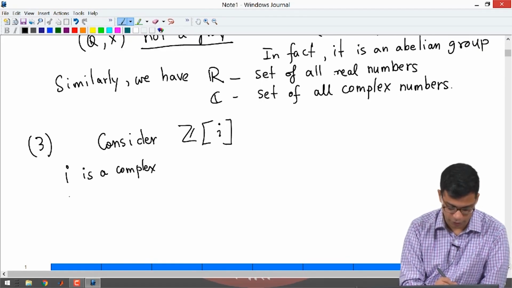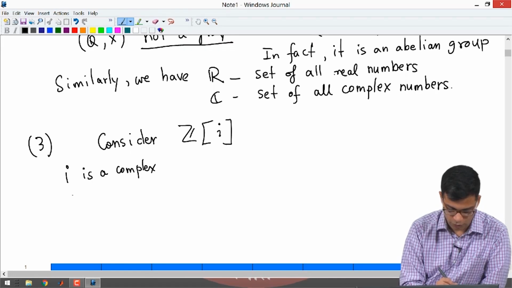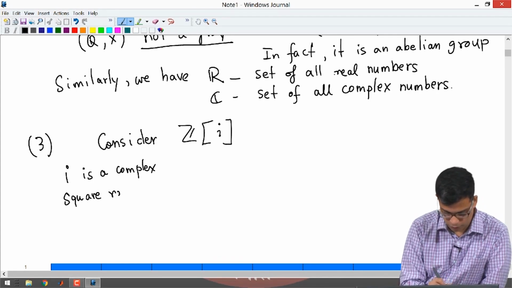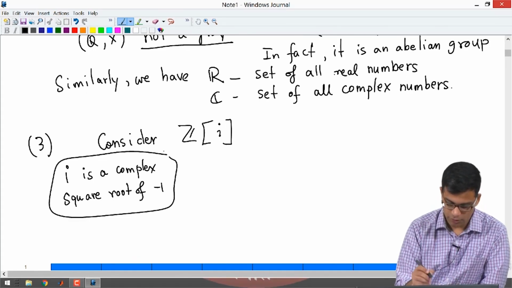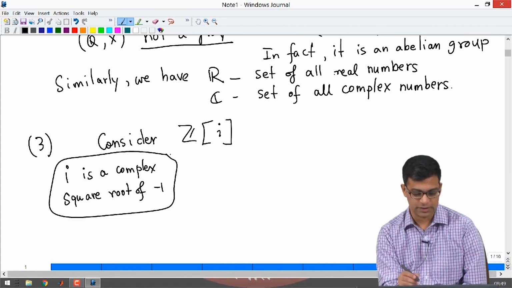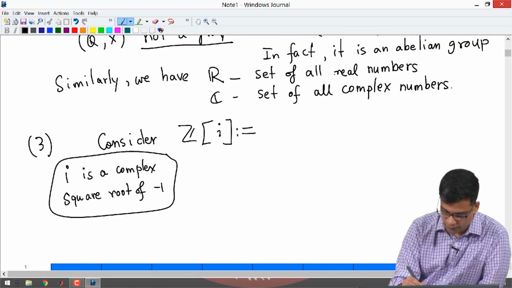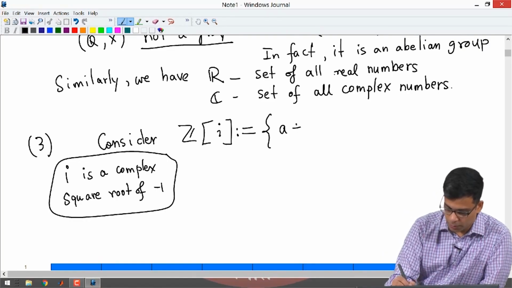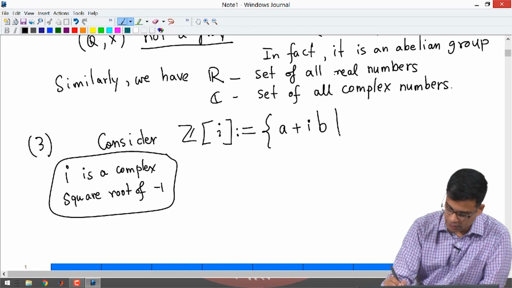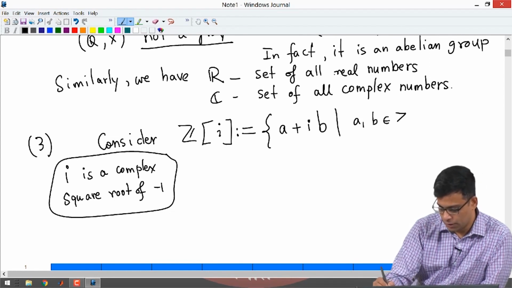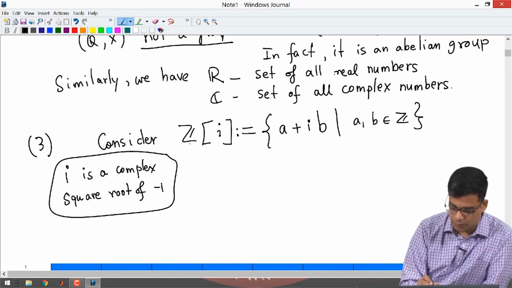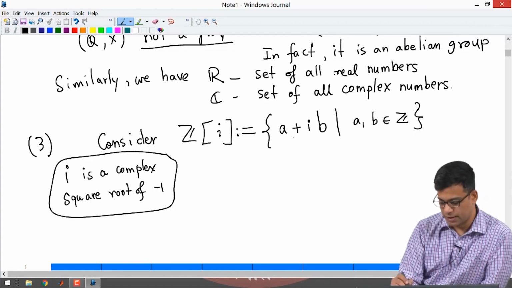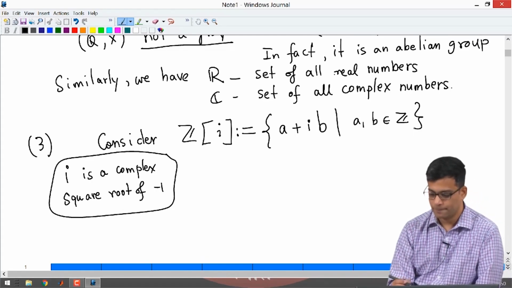As usual we denote the complex square roots of minus 1 by i and minus i. So, i stands for square root of minus 1. Consider this set Z[i]. I am defining this set to be all elements of the form a plus ib, where a and b are integers. So, that Z is playing a role here. Z[i] stands for a plus ib, where a, b are elements of Z.